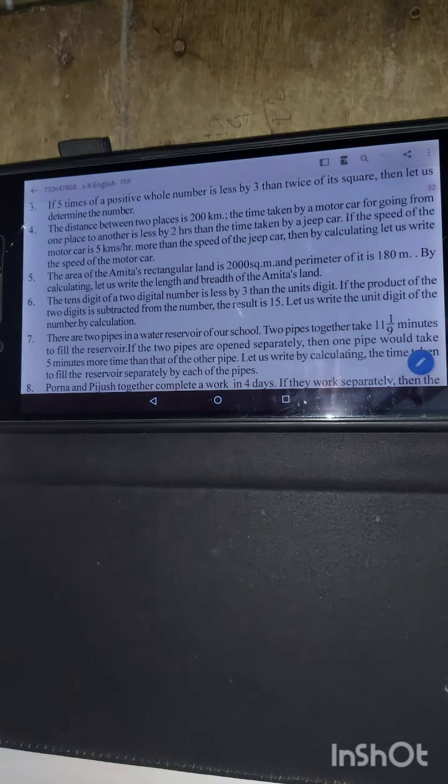Question number 4 says the distance between two places is 200 km. The time taken by a motor car for going from one place to another is less by 2 hours than the time taken by a jeep car.